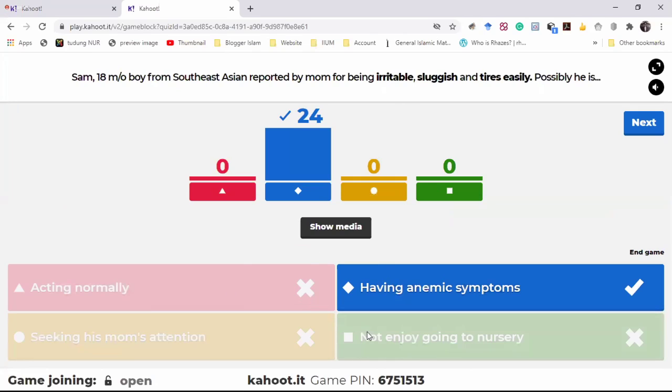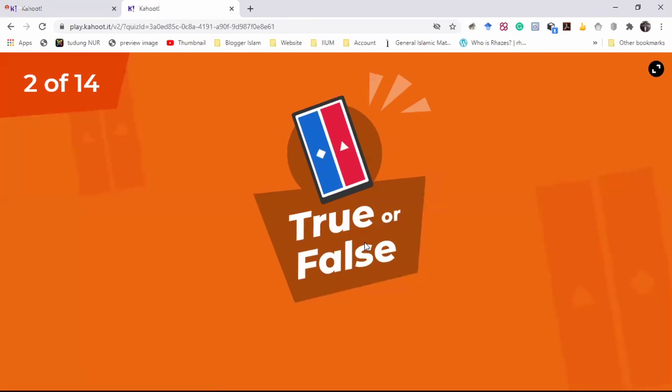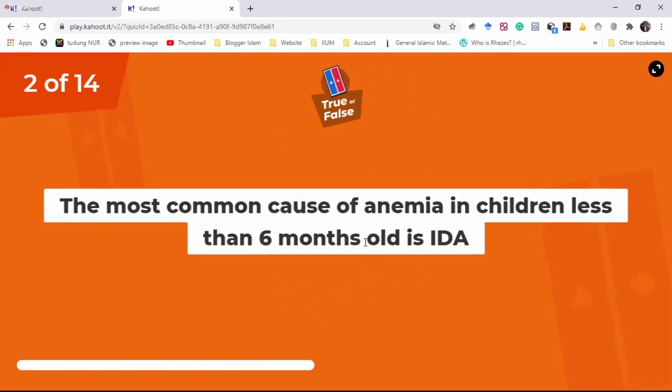Of course, the other answers are not so relevant, but if the patient has even mild anemia like pallor, we have to intervene and investigate further because it might be a serious condition. Okay, so congratulations. Next question. So it's complete. All right, next. So, true or false?